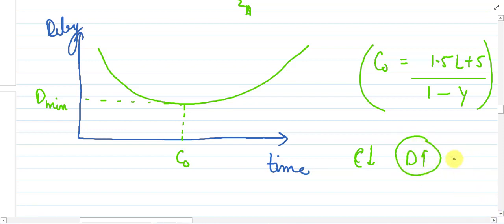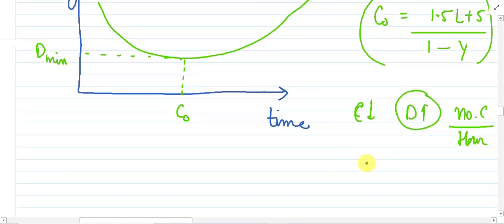Okay, and we can say that the number of cycles per hour will be increased whenever the cycle length is lower. If the cycle length is higher, the number of cycles per hour will be reduced.